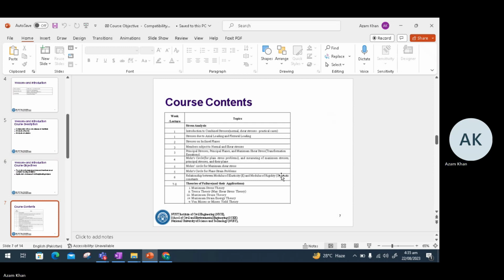In the third week, we will do members subjected to normal and shear stresses. So we will do lots of examples, which will clear the concepts developed in weeks 1 and 2. In week 3, we will also get introduced to principal stresses, principal planes, maximum shear stresses, and so on and so forth.